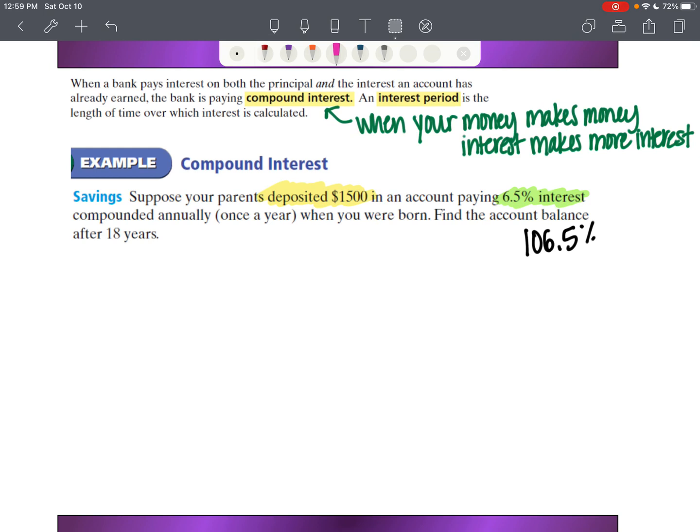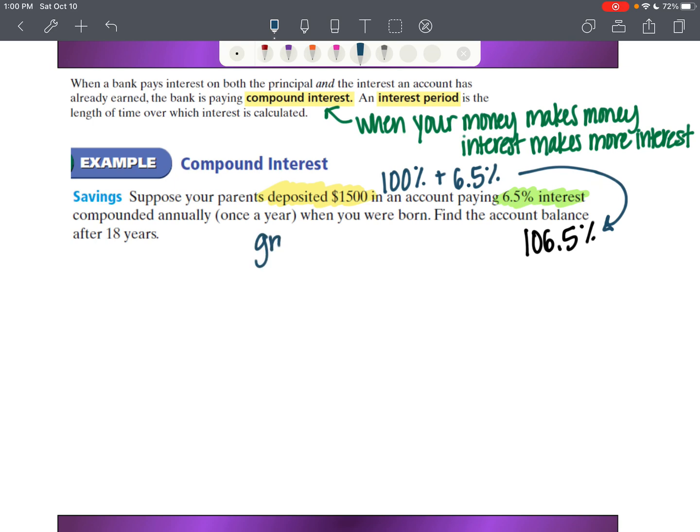So when you're adding, you not only get to keep 100% of the balance that was there, but you also get an additional 6.5% that the bank gives you. So you get to keep 100% of your money, plus the bank pays you 6.5%. And that's where we get 106.5%.